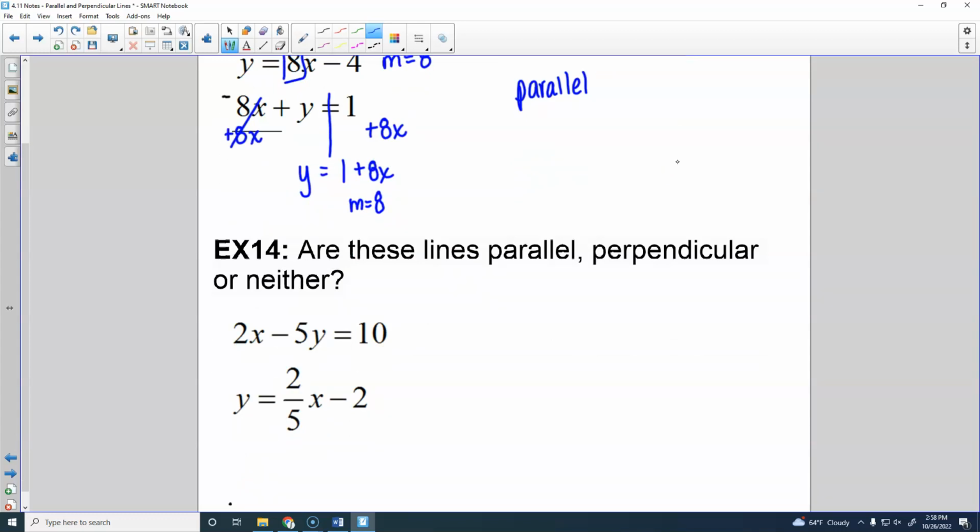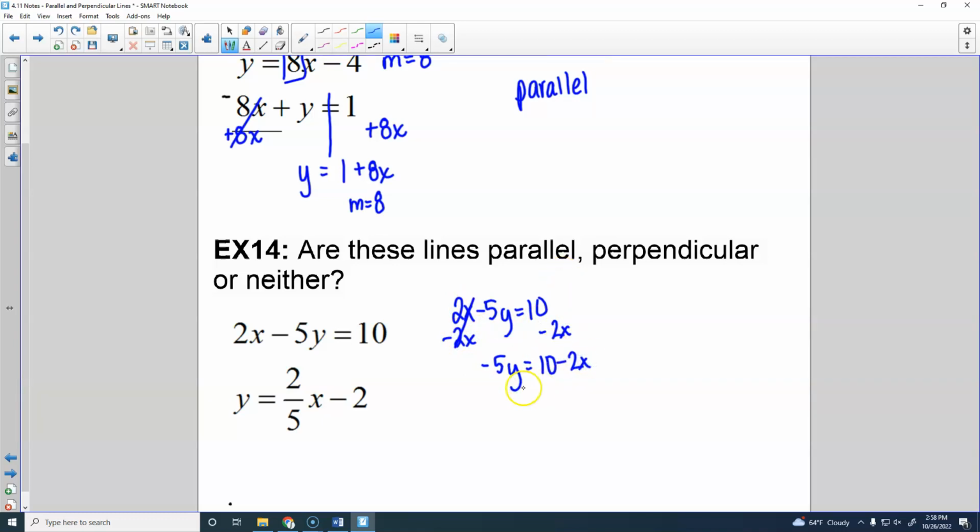Okay. Kama, help me with the next one. That first one there, 2x minus 5y equals 10. I cannot tell what the slope of that line is as it is. So what would I have to do for that? Very good. So I got -5y equals 10 minus 2x.